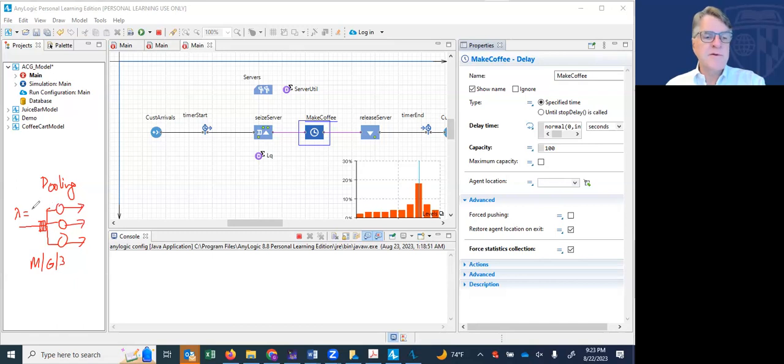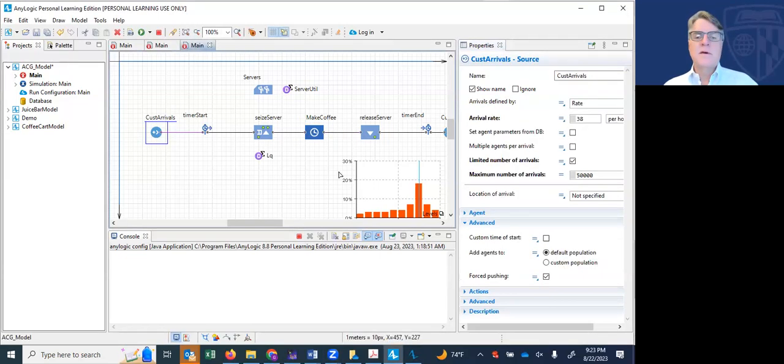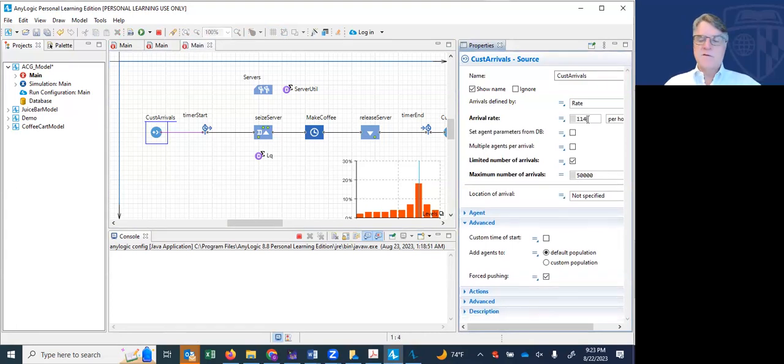So 38 times 3 is 114. And then the service time distribution remains the same. So to get this one modeled, all we need to do is to change the arrival rate. The service distribution remains the same because the servers are unchanged. It's just they're pooling their efforts.